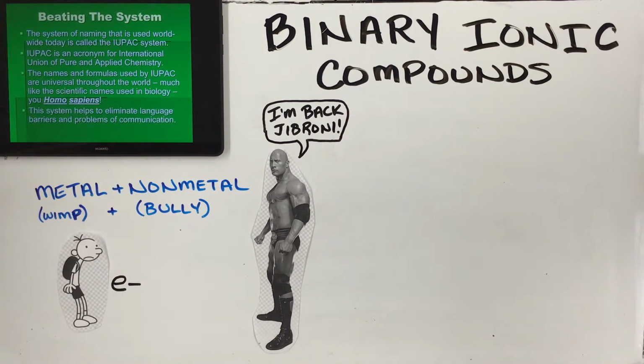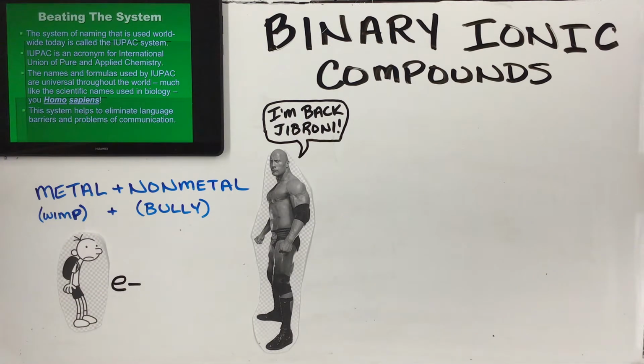So you might be asking, who makes up these names? Where do the rules come from? Well, there's an organization called IUPAC, the International Union of Pure and Applied Chemistry, and they're the ones that come up with all the names and formulas. There's a system or a set of rules that they use worldwide.